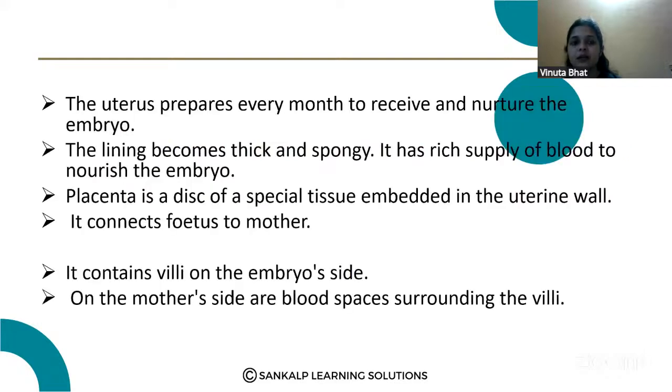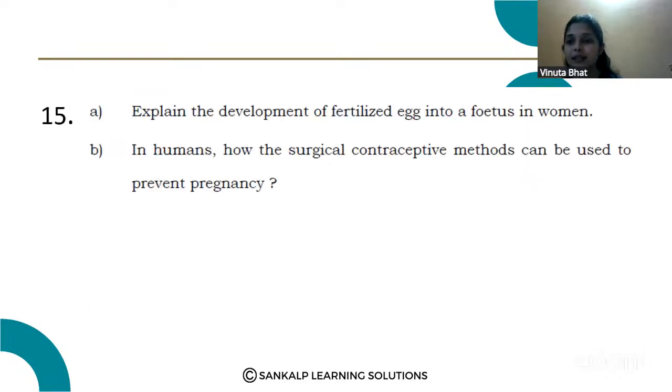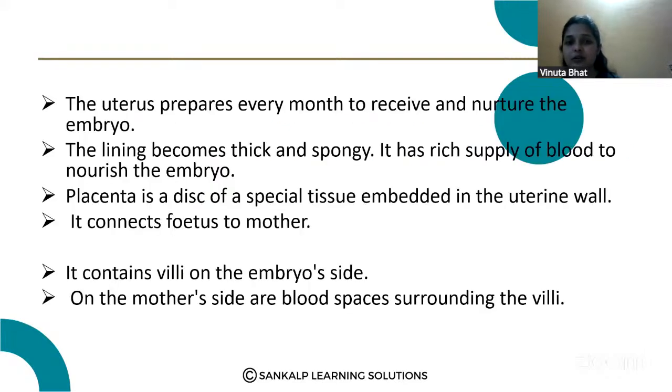Here, the uterus prepares every month to receive and nurture the embryo. The male and female gametes fuse at the fallopian tube, and then they divide further, and the embryo attaches to the walls of the uterus.